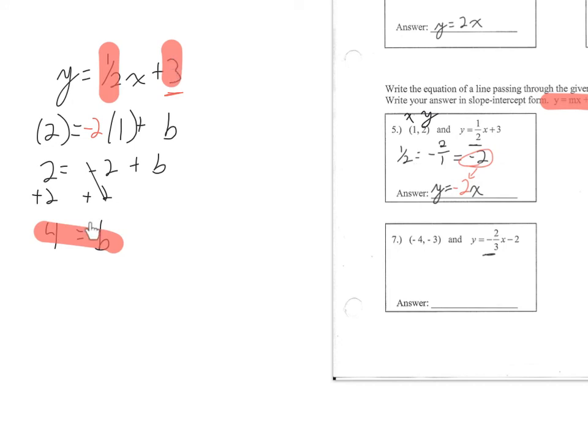So I've already replaced the 1/2 with a -2 over here. That's my negative inverse. Now I replace b with 4. So my new equation looks like y equals -2x plus 4.